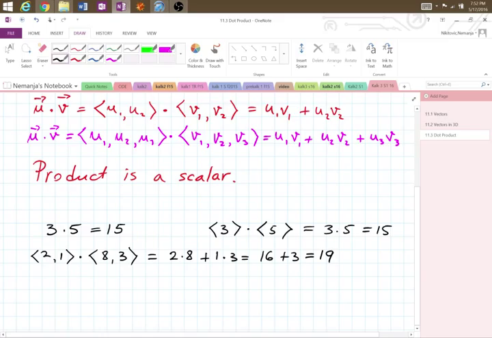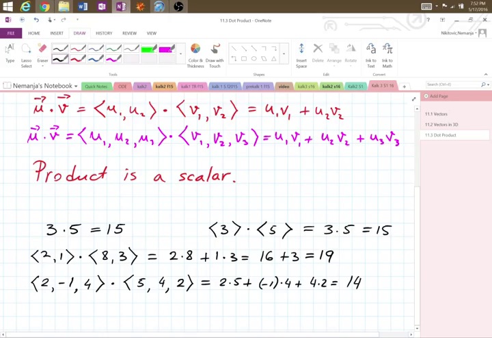And for the 3D case, ⟨2, -1, 4⟩ dotted with ⟨5, 4, 2⟩, whatever. We have 2 times 5 plus negative 1 times 4 plus 4 times 2, which is equal to 10 minus 4 is 6 plus 8 is 14.